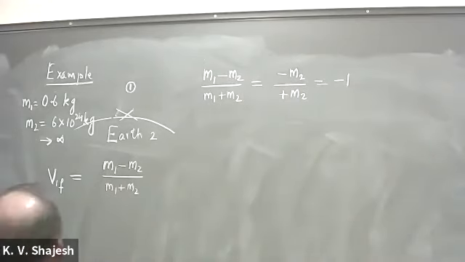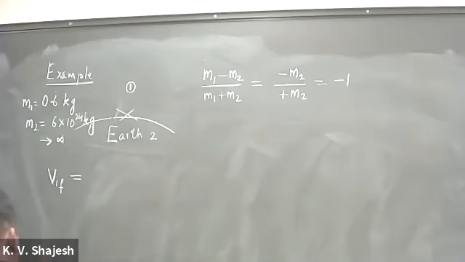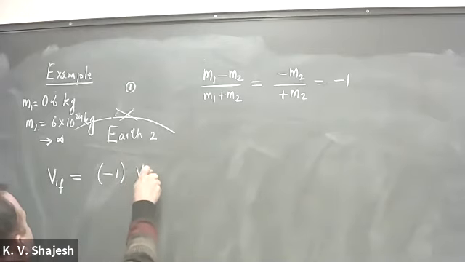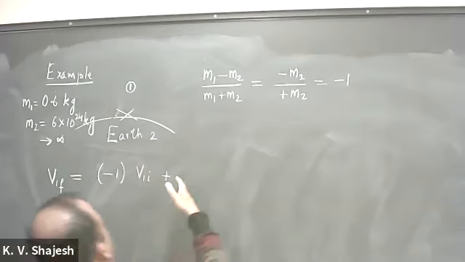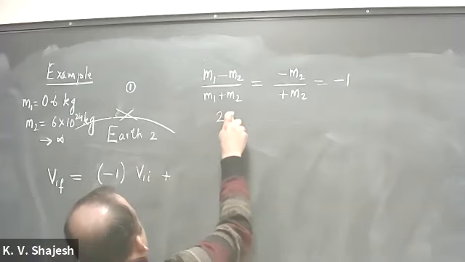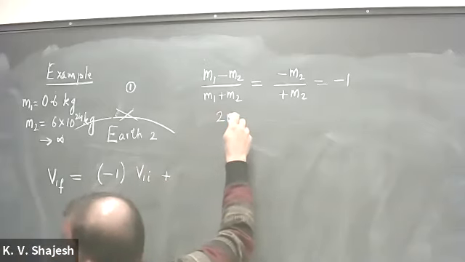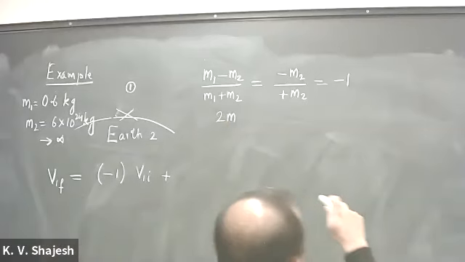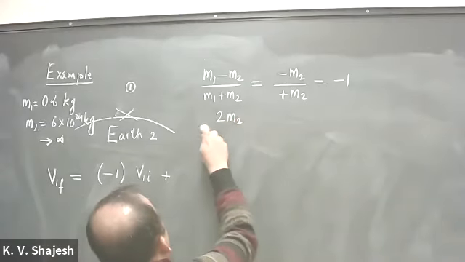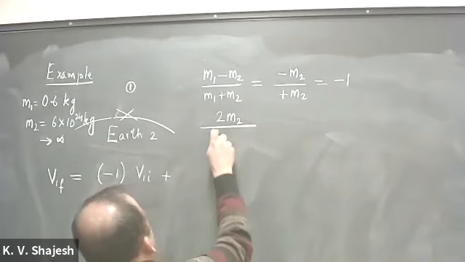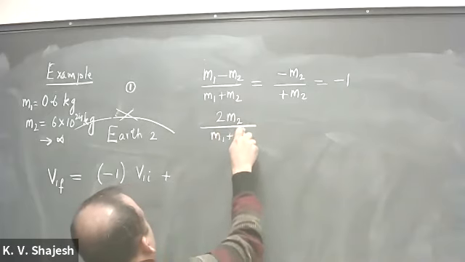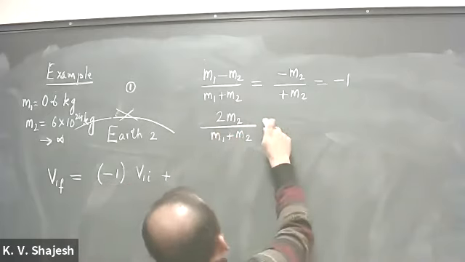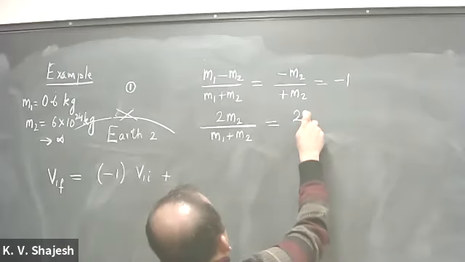So if we use that expression here, this is minus 1 times V1 initial plus, there was also one more expression there. That's 2 times m2. Is it 2 times m2? Yes, 2 times m2 divided by m1 plus m2. This is again 2 times m2.